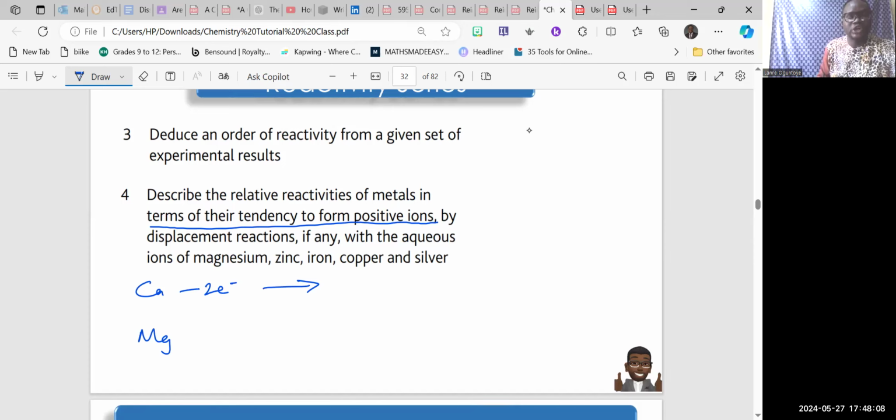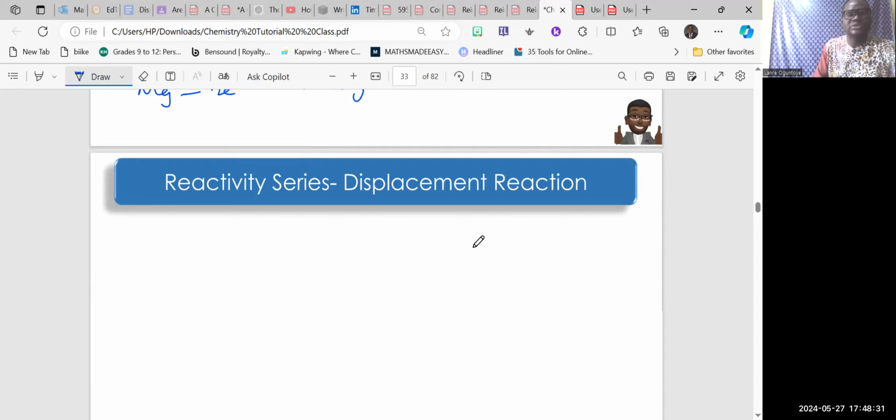Calcium can lose electrons to form Ca2+. Magnesium too can lose electrons to form Mg2+. But calcium can do it more readily than magnesium. So magnesium is less reactive than calcium, while calcium is more reactive than magnesium.